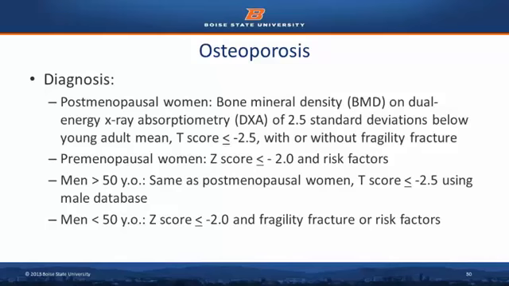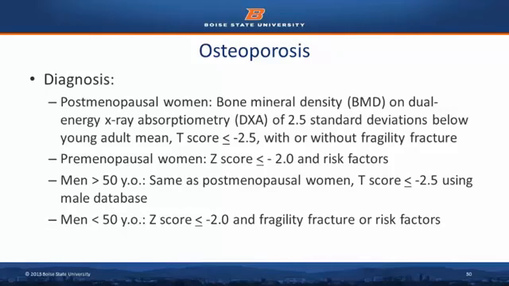Premenopausal women, their score is a Z-score because that compares their score to age-matched normals. So theirs needs to be a Z-score of less than negative 2.0 and risk factors in order to be diagnosed with osteoporosis. Men greater than 50, it's the same as the postmenopausal women.